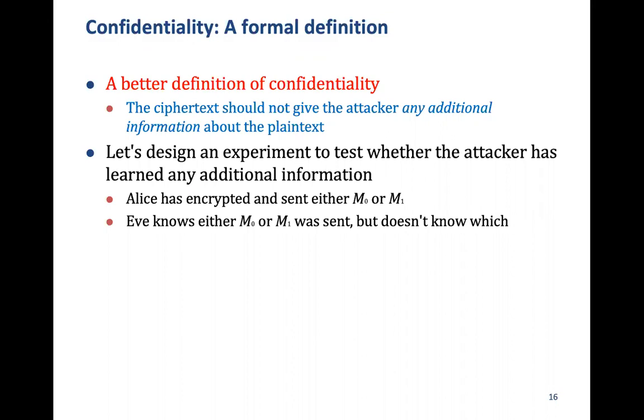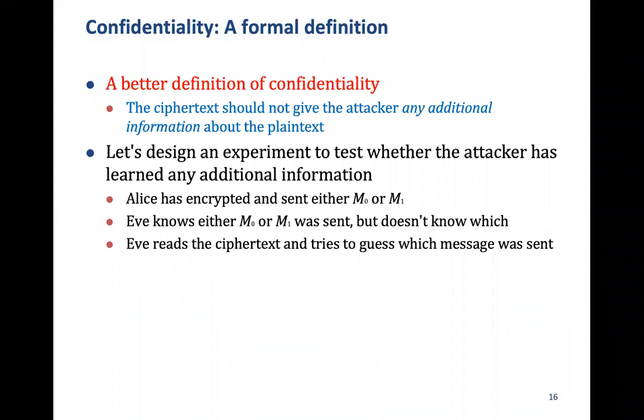So Eve knows either M0 or M1 was sent, but doesn't know which. Now Alice has encrypted and sent one of the 2 messages. Eve is reading that, and because she has got the ciphertext, the encrypted text, she should not know whether M1 was sent or M0 was sent.